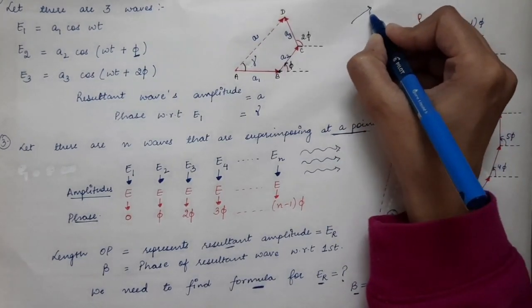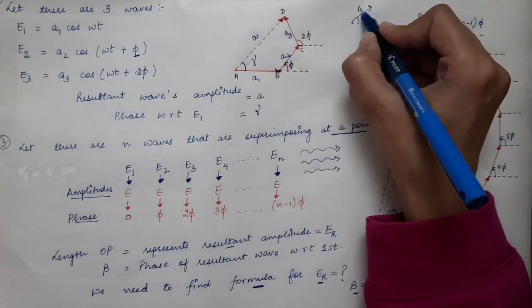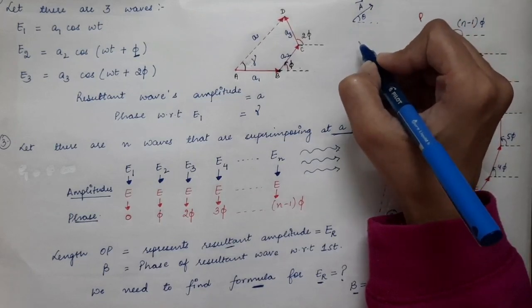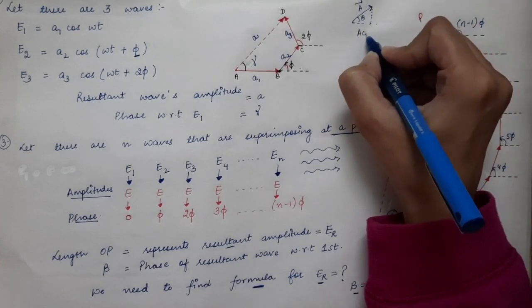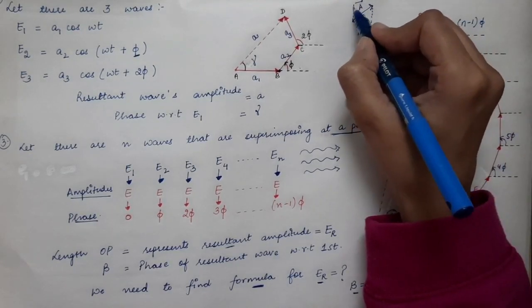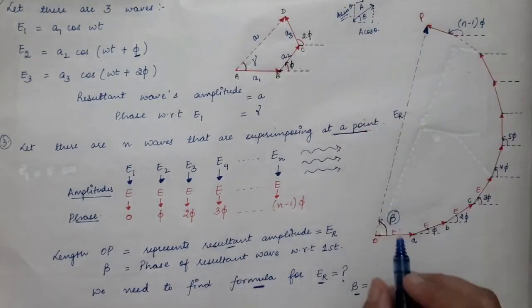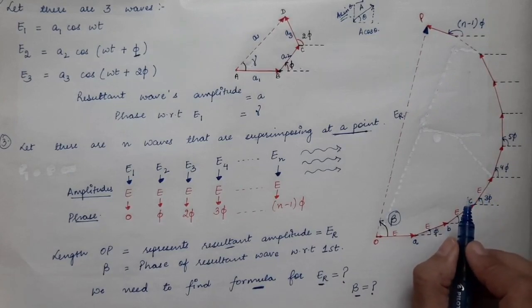As you know, if a vector a makes an angle of theta, its horizontal component will be a cos theta, and its vertical component will be a sin theta. So now we will divide every vector into its horizontal and vertical components.